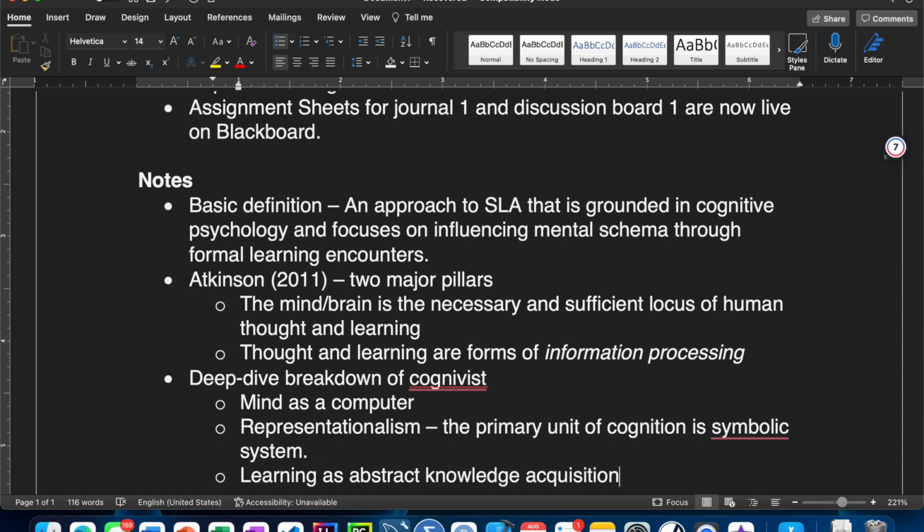It will then work to internalize that new knowledge using these ideas of representationalism, right? And so what ends up happening during learning is we're just acquiring new bits of abstract knowledge that we can then apply to new situations, right? So what this means is that while we may encounter concretized forms of knowledge, for example, your course textbook, this lecture, etc., knowledge in the purest sense only exists as an abstract representation in the mind.